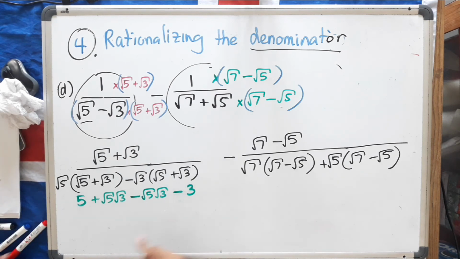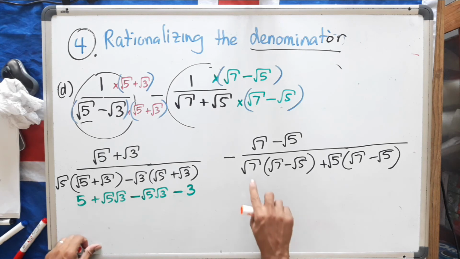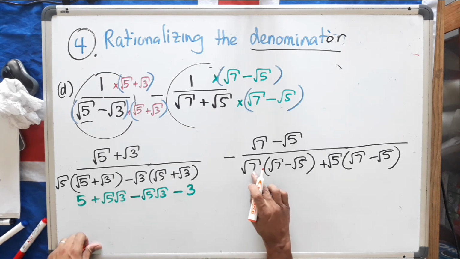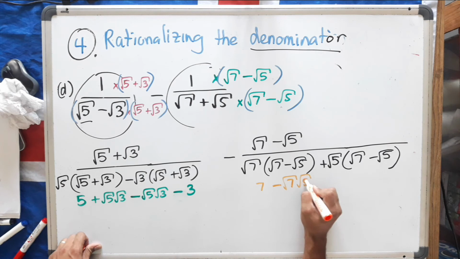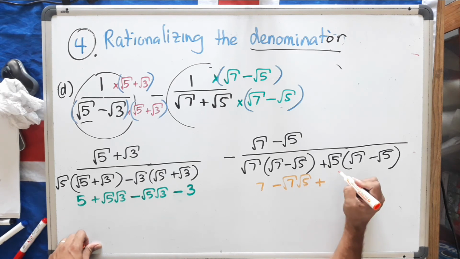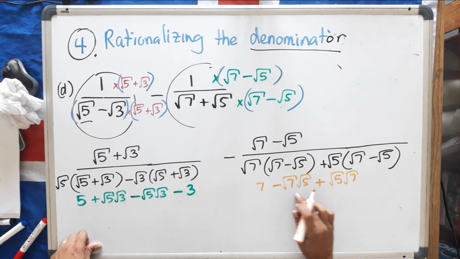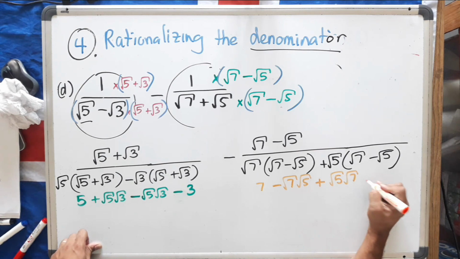Let's do the same thing across here. Alright. Square root of 7 by the square root of 7 is normal 7. The square root of 7 multiplied by minus square root of 5 is just the square root of 7 by the square root of 5. Plus the square root of 5 multiplied by the square root of 7 is another square root of 5 by the square root of 7. This and this is the same except one is negative and one is positive.